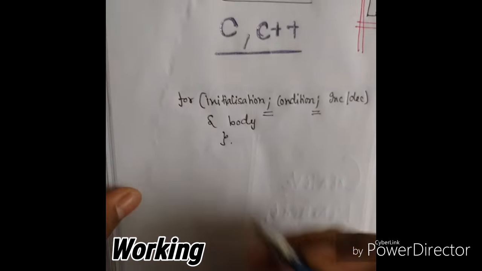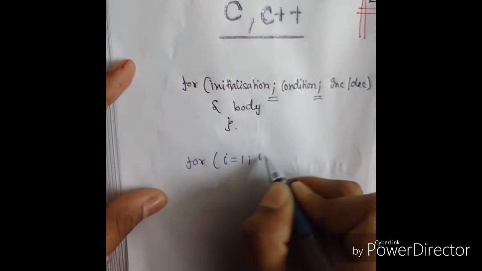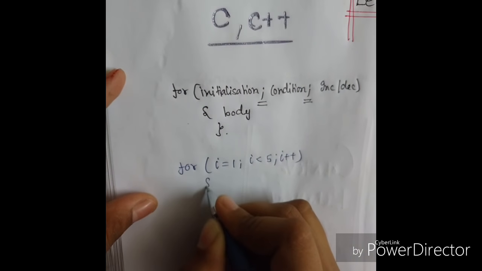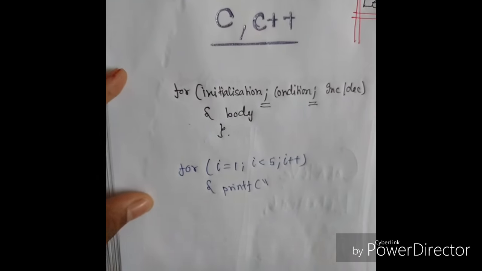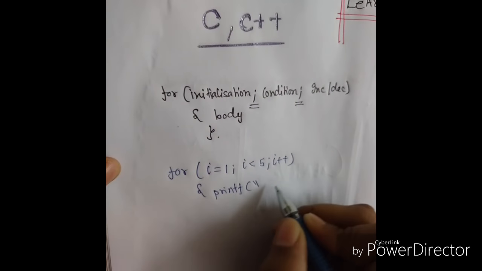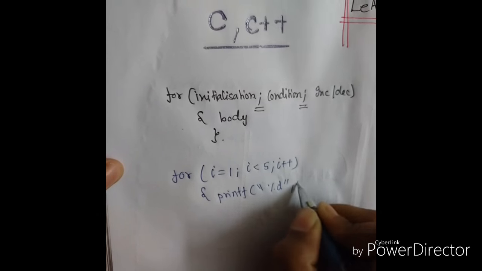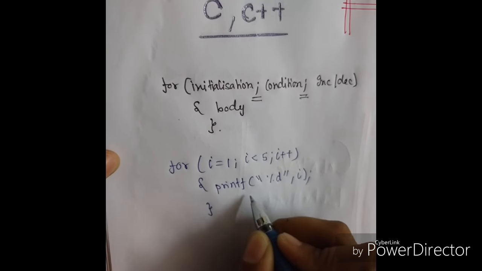So let's see an example. For i equals 1, i less than or equal to 5, i plus plus, and let us print. The coding language which I am using here is C language. I repeat that I am using C language.